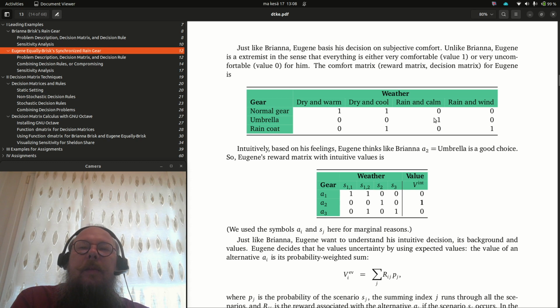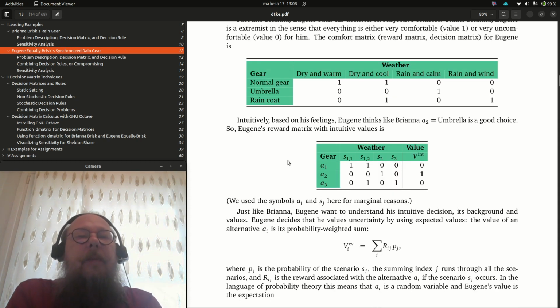Here it says the normal gear and raincoat are both as bad in rain and calm. Maybe this should be 1, maybe not. Now I have decided it to be 0. And finally, rain and wind, raincoat is the best choice, 1. Okay.